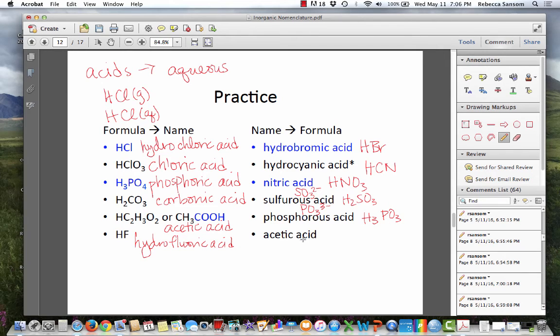Acetic acid we did over here, so it's kind of cheating, but we can do it again. HCH3COO is one way you might see it, or like we wrote it over there, CH3COOH. You should also recognize COOH as a way that you can identify an acid.